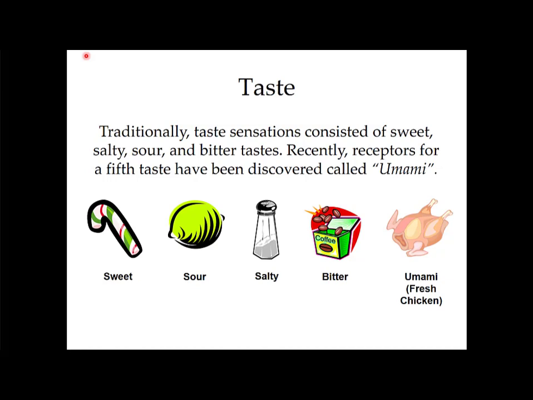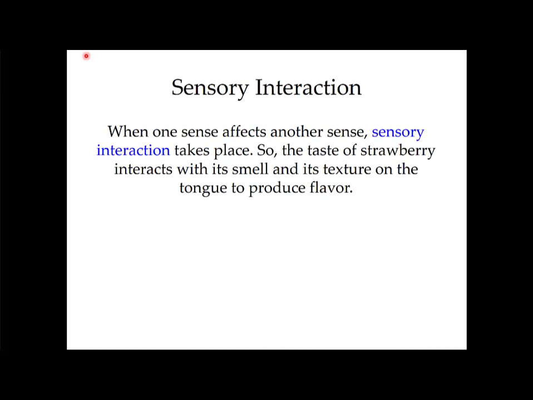What's actually going on is something called sensory interaction. Sensory interaction is when one sense affects another sense. The most common example of this in humans is our sense of taste and smell. When people say, I like the flavor of something, most likely what they're focusing on is not really the taste of it, but the smell of it.